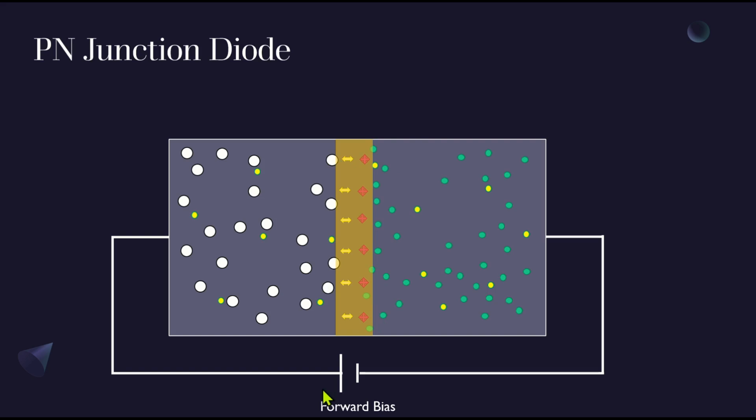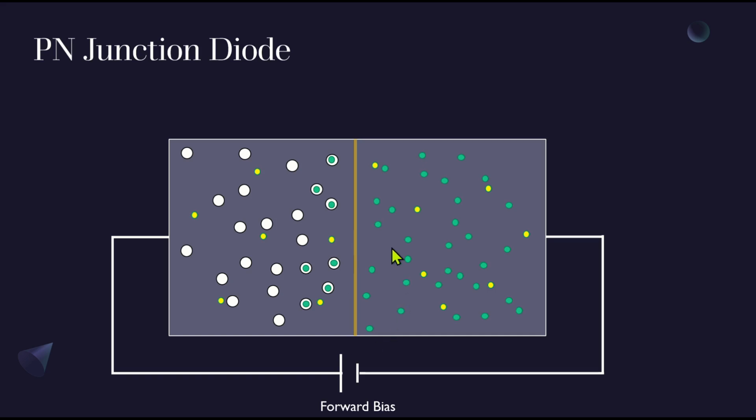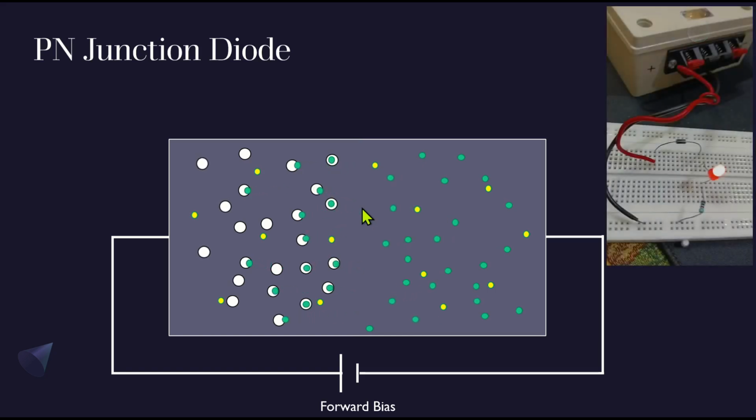As we increase the forward bias, or increase the voltage in this forward bias, they will try to move towards the depletion layer, and in this process the depletion layer will start shrinking. After a period, the depletion layer will vanish and all the electrons will move towards the p side and all the holes will move towards the n side, leading to movement of the charge carriers.